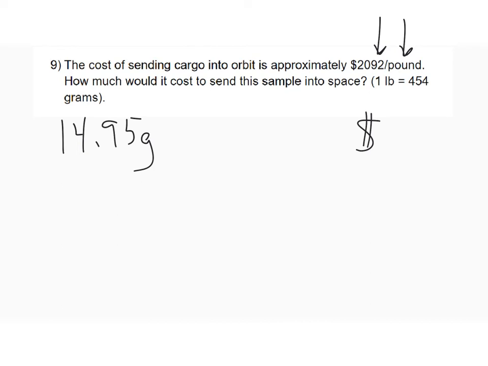So I need two conversion factors here. The first one is given to me as 1 pound is 454 grams. Since I want to get rid of the grams, I'm going to put that down here on the bottom, 454 grams, that's 1 pound. And then, now that I will be able to cancel out the unit of grams, I've got pounds. So now that I have the measurement in pounds, I can use the price per pound to figure out the cost.